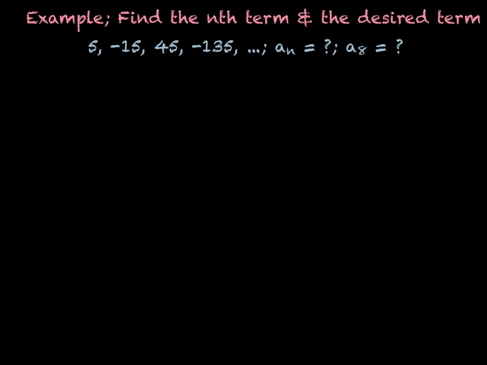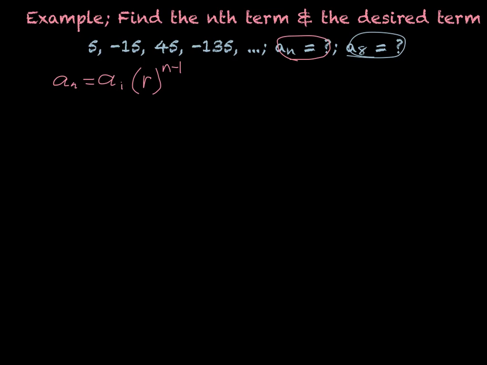For this next example, we have the sequence 5, negative 15, 45, negative 135, and we want to find a sub n, and we want to find a sub 8. So first I'm going to find a sub n, reminding myself that a sub n is equal to a sub 1 times r to the power of n minus 1.